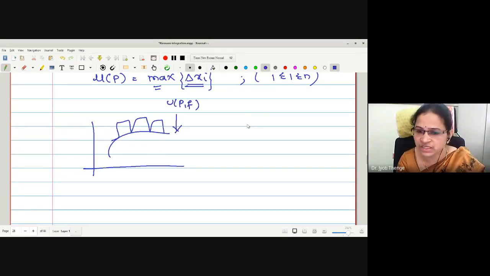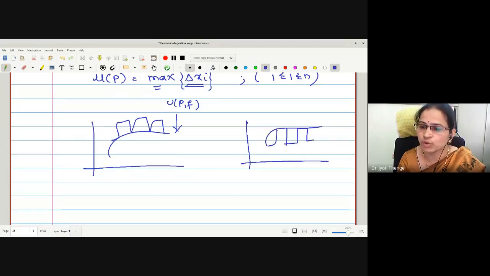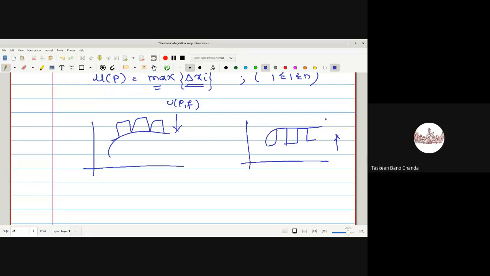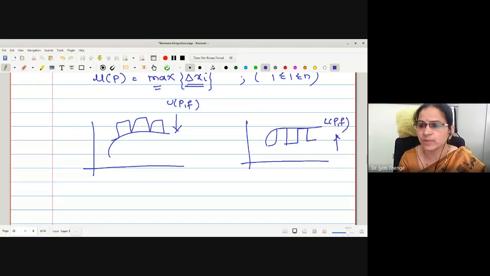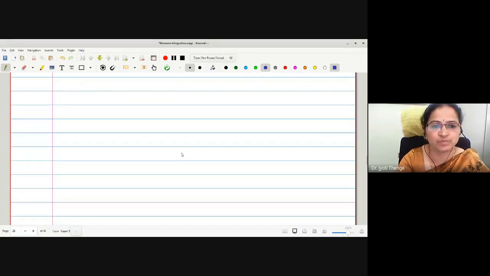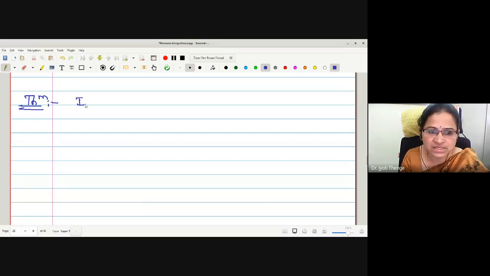With the help of sketch, I have shown you. Similarly, if I increase the number of points in the given partition, then what about lower sum? Lower sum increases. Okay. Now we are going to prove the same concept with the help of the theorem. Okay. Therefore, the statement of a theorem is: if P star is refinement.